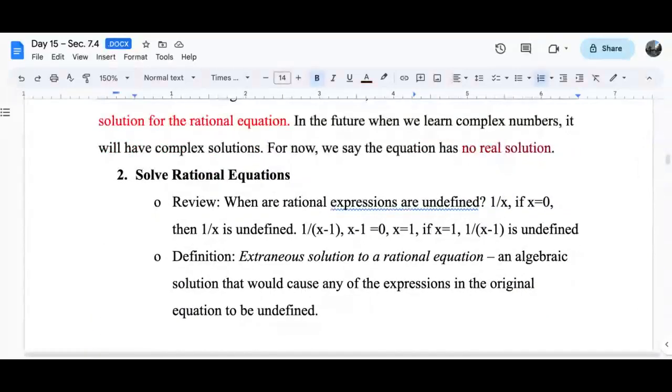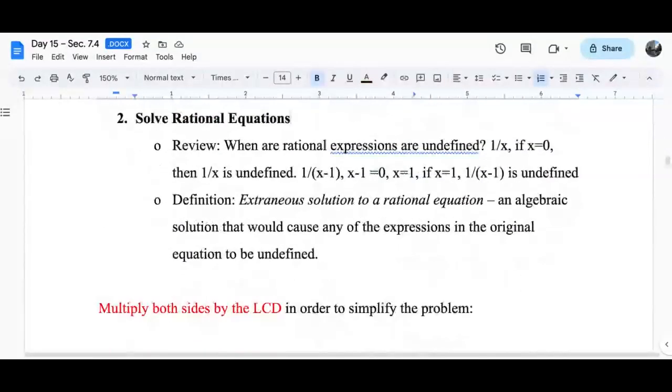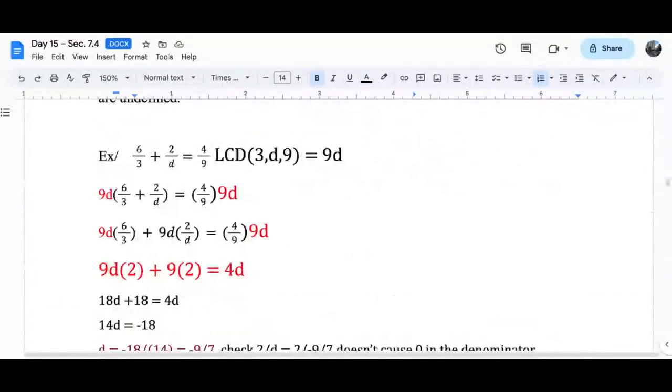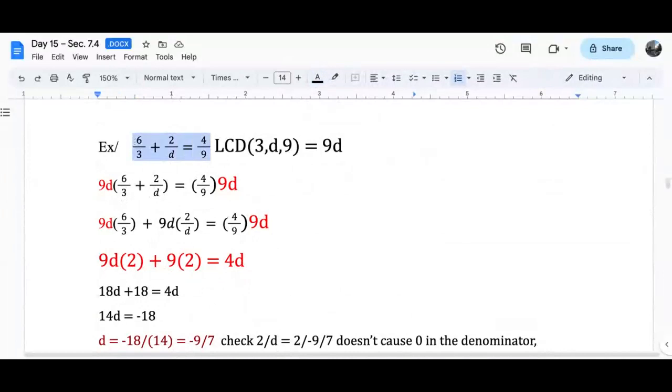Okay, let's see this one. Let's see this example. We have 6 over 3d plus 2 over d equals 4 over 9. So we think, what is the LCD of 3d and 9? That's 9d.